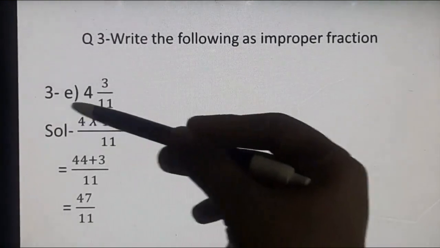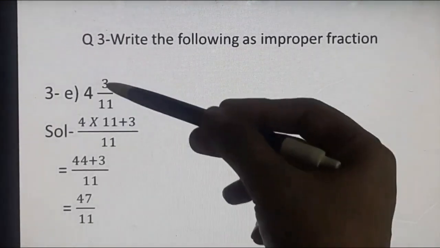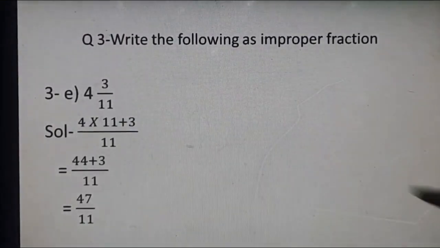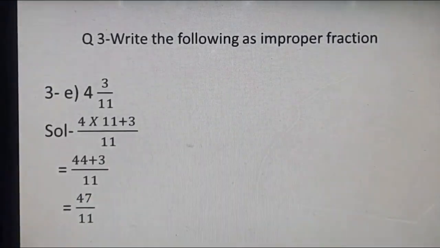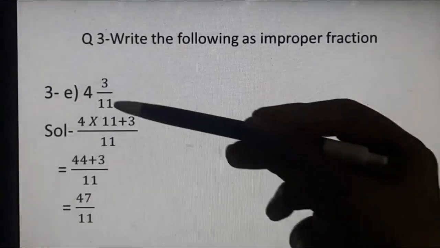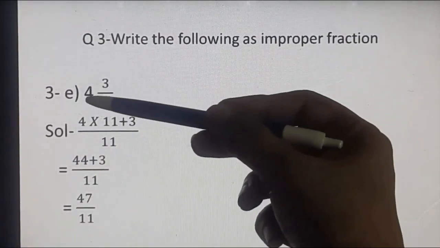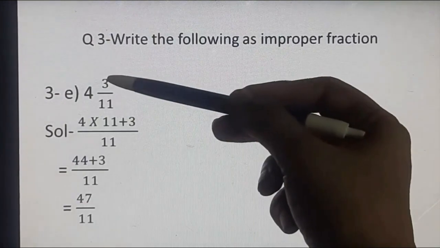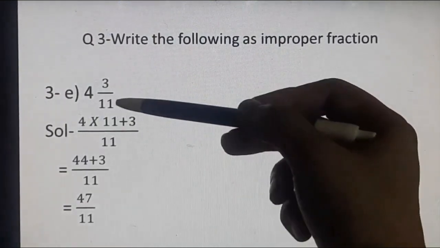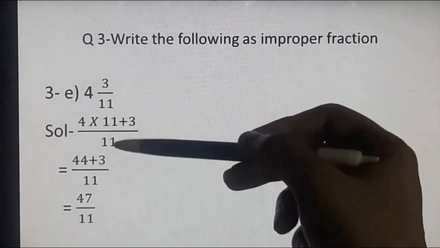Now, third question, E part. 4 whole 3/11. These all are mixed fractions and we are converting these into improper fractions. Right? 4 multiplied by 11 plus the numerator, which is 3, upon 11. The denominator will not change.